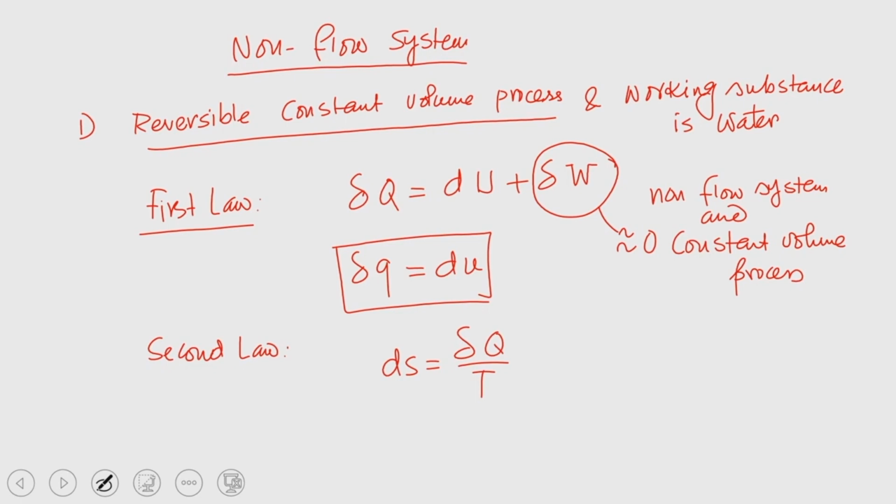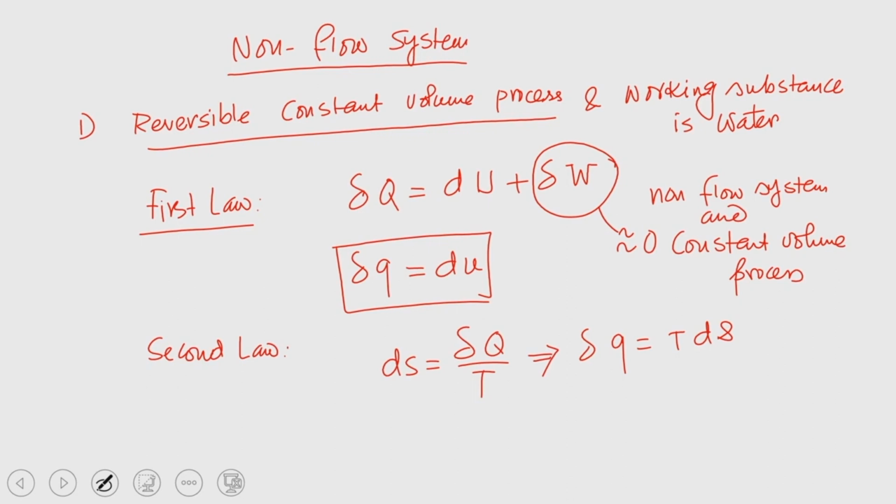So dS equals delta q by T, and in specific form we can write delta q equal to T dS.